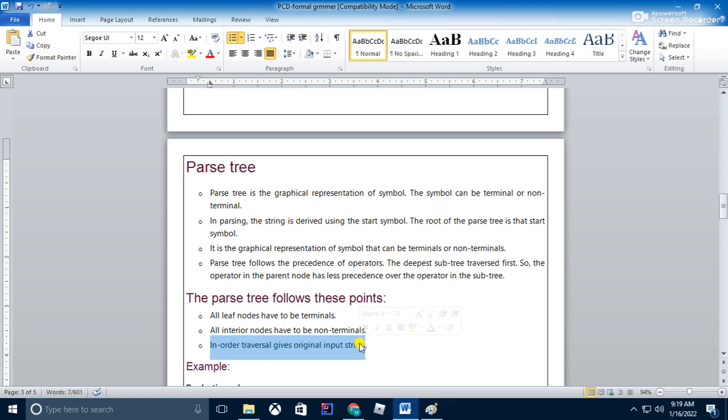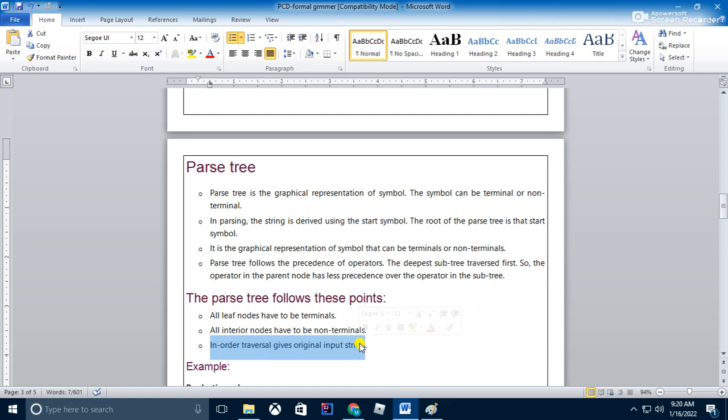So if you want to find out whether that parse tree derives the input string, when we construct the parse tree, all the leaf nodes have to be terminals, and all interior nodes have to be non-terminals.